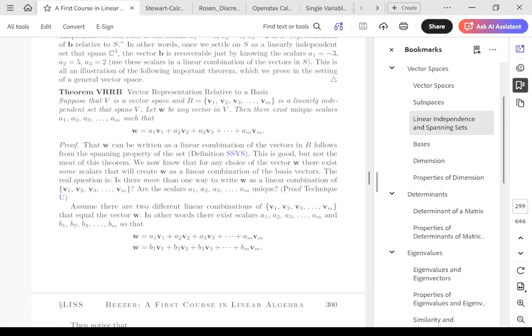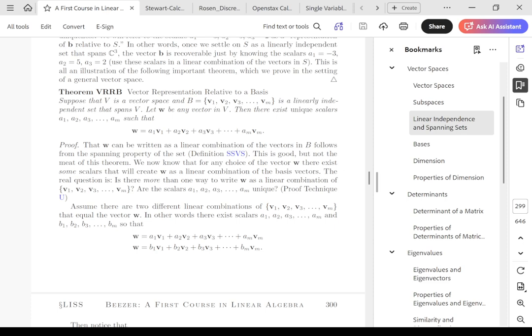It has those two properties. And it says let w be any vector in V. Then there exist unique scalars a1 through am such that w can be written like this, and that is a unique representation.